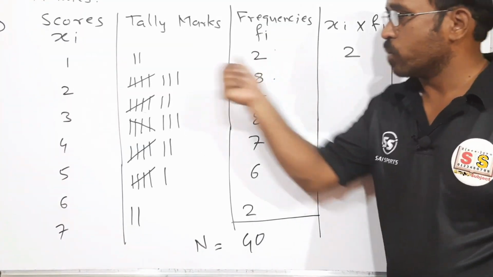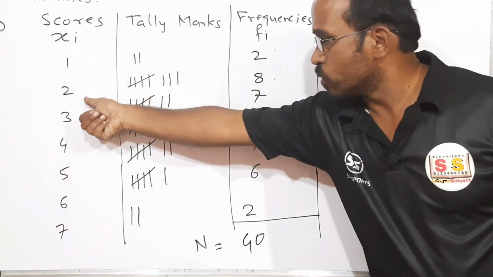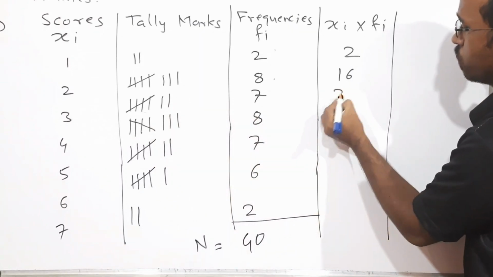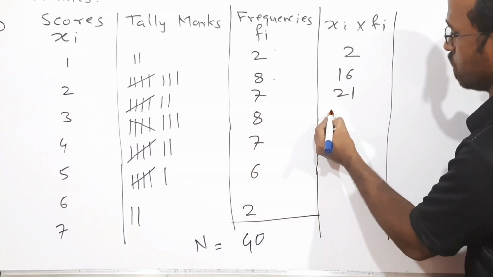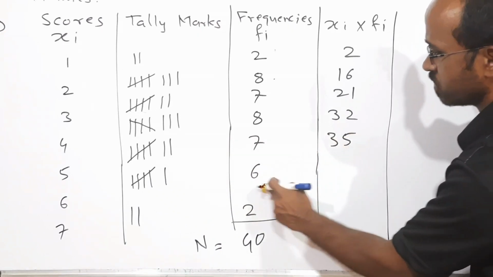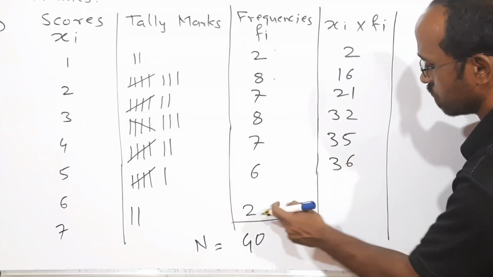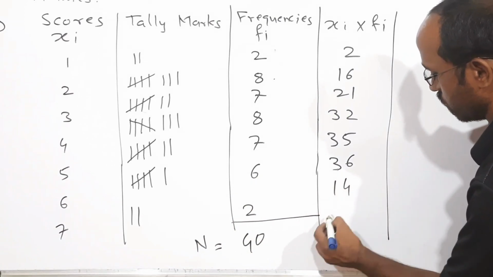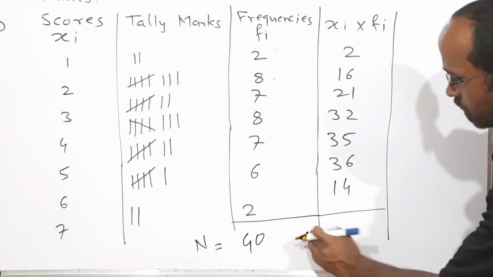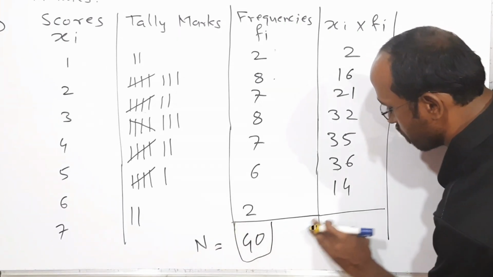Now in the last column, 2 ones are 2, 8 twos are 16, 7 threes are 21, 8 fours are 32, 7 fives are 35, 6 sixes are 36, 2 sevens are 14. We have to do addition of all this, and this addition is called summation.